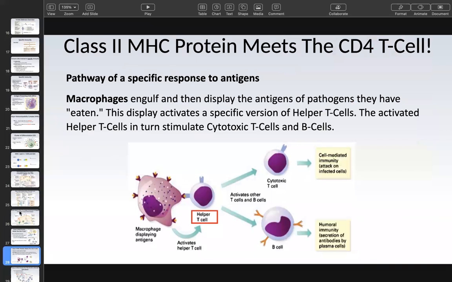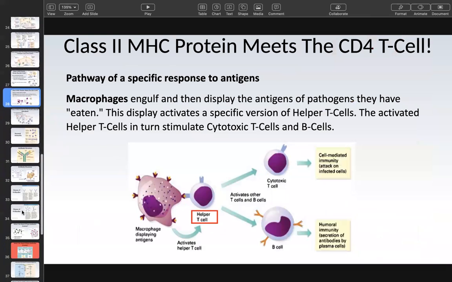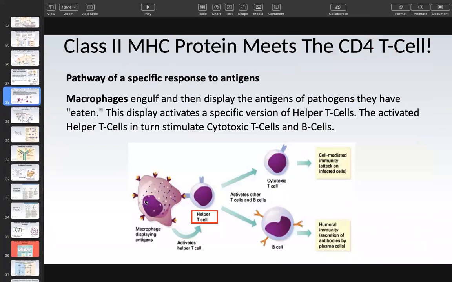So we're going to take the macrophage as our main example here. The macrophage will engulf the pathogen through a process known as phagocytosis. It will present parts of the engulfed pathogen as an epitope as part of the MHC2 complex. The presence of the MHC2 complex on the infected antigen presenting cell will attract T cells, which have a receptor as well as the CD4 protein on the cell membrane.